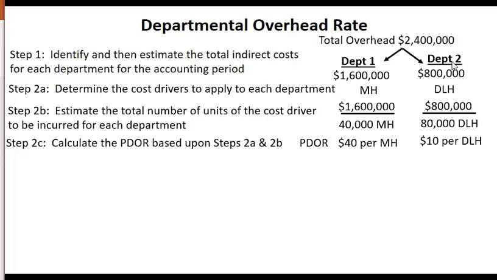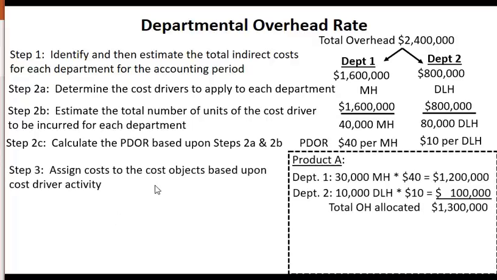In the case of Department 2, we're coming up with $800,000 total cost pool divided by 80,000 direct labor hours. So our overhead allocation out of Department 2 is based upon direct labor hour at $10 per direct labor hour. Now we're going to assign our overhead cost to the cost objects, which again are going to be product lines. In this case, we're going to look at product A first, based upon our cost driver activity.